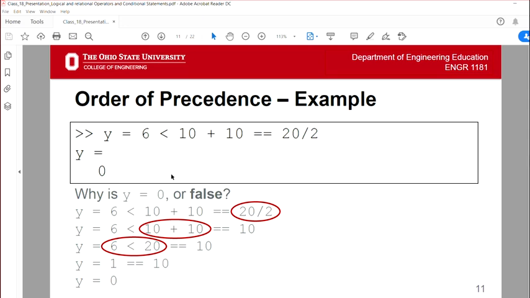So 6 is smaller than 20, which is true. So for true, we put 1, and then 1 equal to 10 evaluates as false, so that's a 0 there.